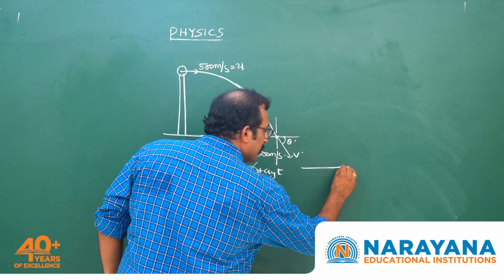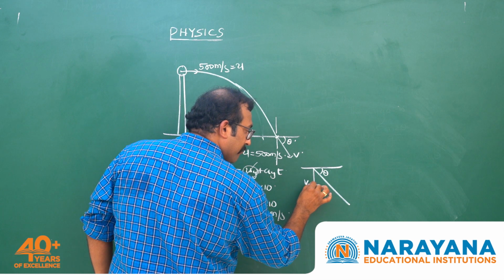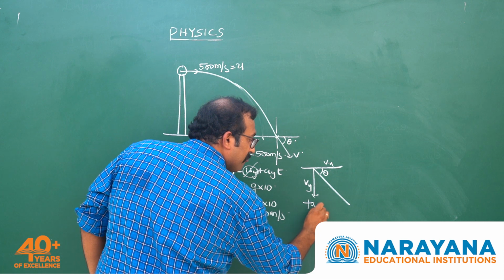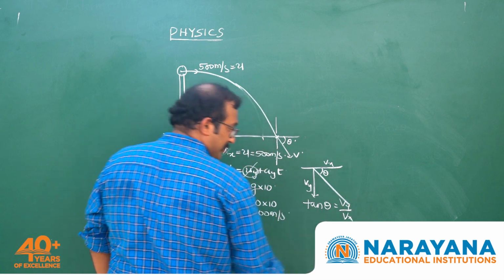So here in this case, if this is theta, and this is Vy and this is Vx, from the figure we can write tan theta is equal to Vy by Vx.